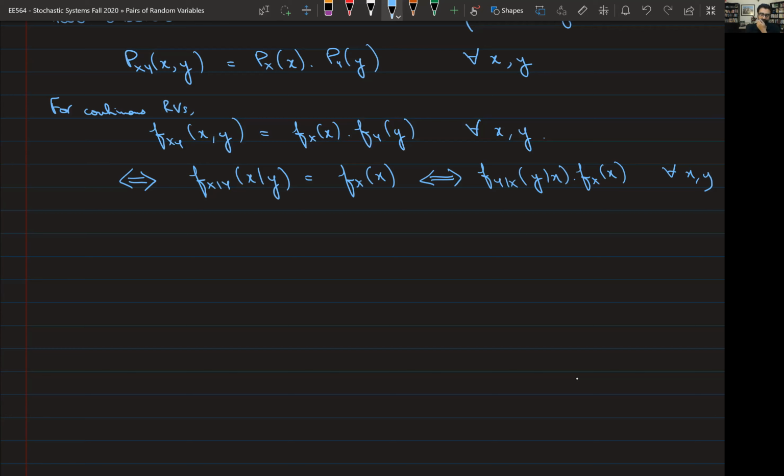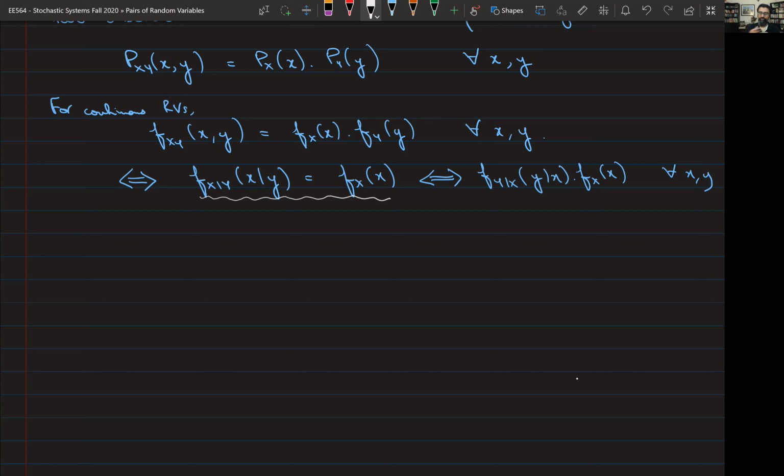And these two definitions here, for me, are more intuitive, as Mohsen started out as well, because what you're saying is that the PDF of X conditioned on what Y is does not change with Y. It's not a function of Y. No matter what Y is, the PDF of X stays the same as if there was no conditioning.